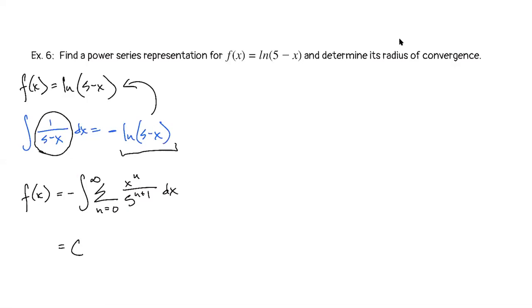And if I use the integral rule, I'm going to end up with the sum. I do not change my index, but my power for x is now going to be what? N plus 1. Yeah, I have to raise the power because I'm integrating, but that n plus 1 I also get in the denominator.